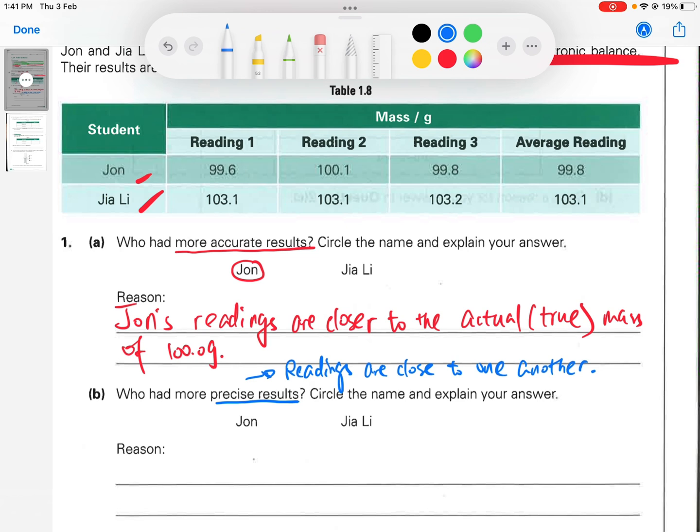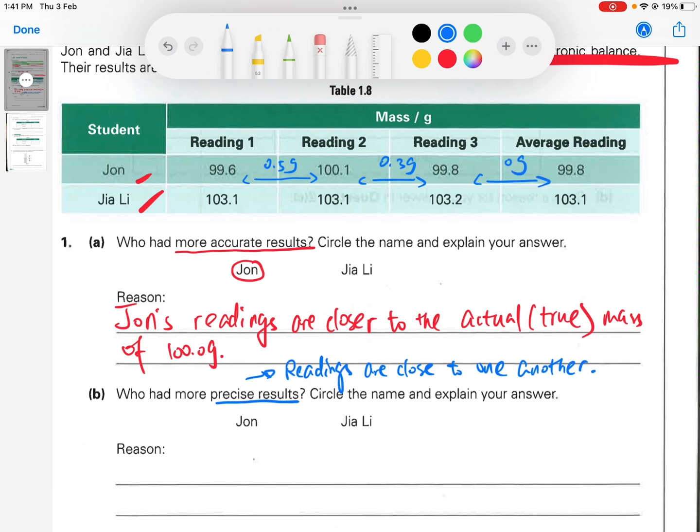For example, John's result 99.6, 100.1. What's the difference between these two? Use your calculator to find the difference. It's 0.5 gram, right? These two, what's the difference? 0.3 grams.